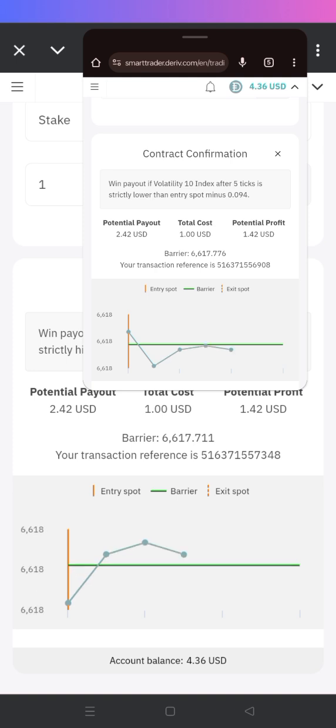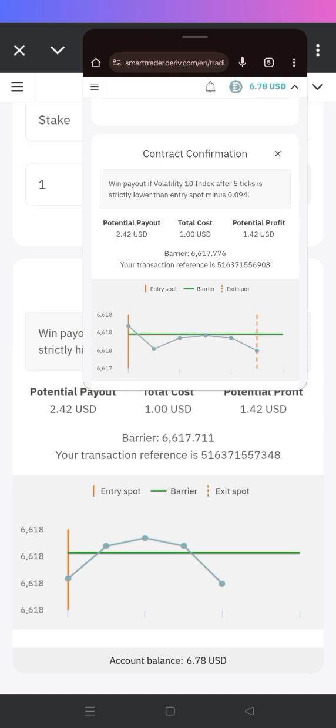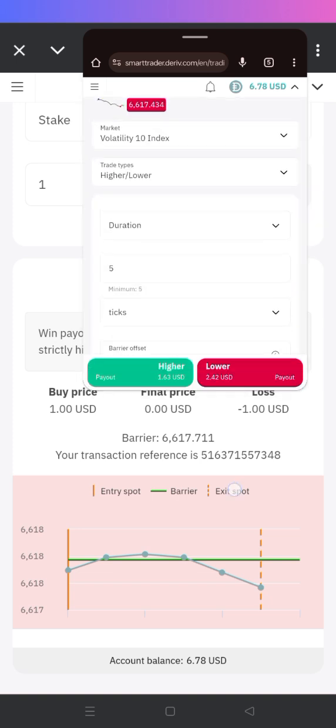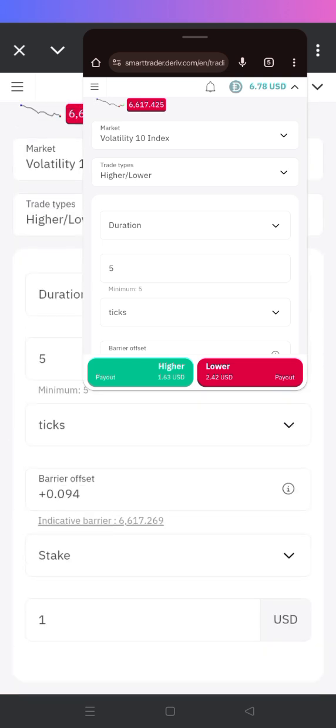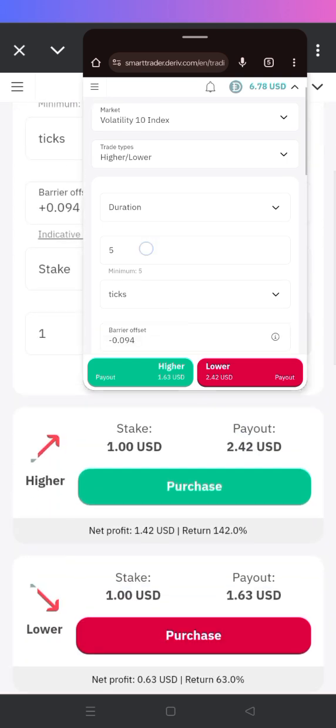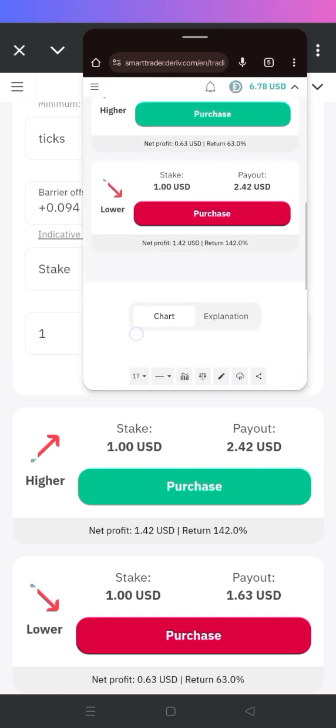So you see it had not updated that bit. So we are still proceeding very well at 6.78. On one side you win, the other side you lose, and you are competing to recover your lost stake, and then have profit above that stake.